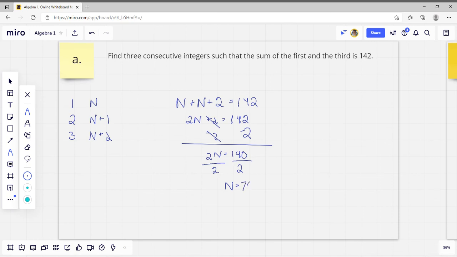So if n is 70, our first number is 70. Our second would be 70 plus 1, so 71. And then our third would be 70 plus 2, so 72. Alright, so there's your answer right there for A.